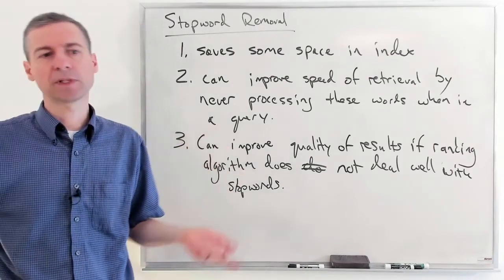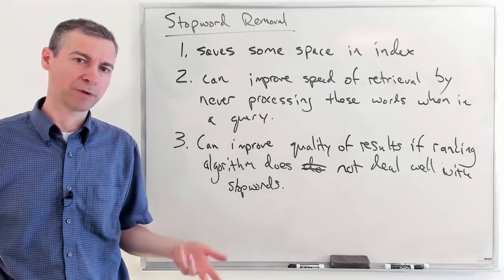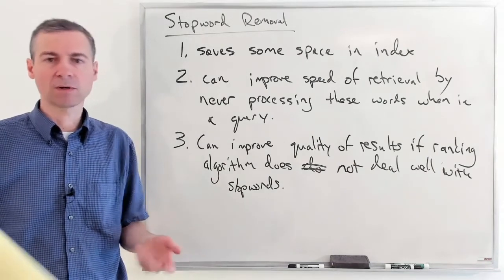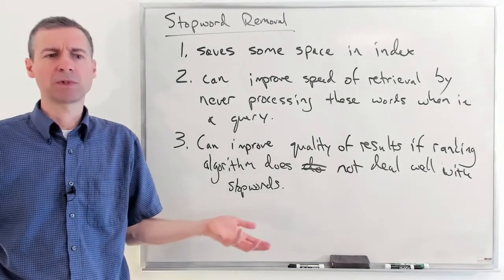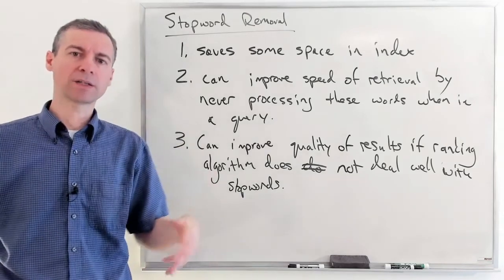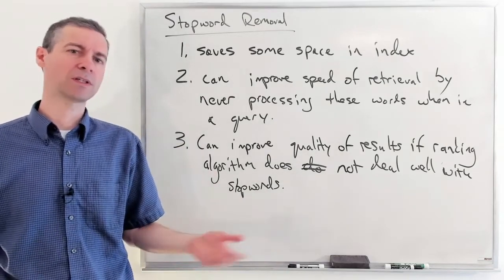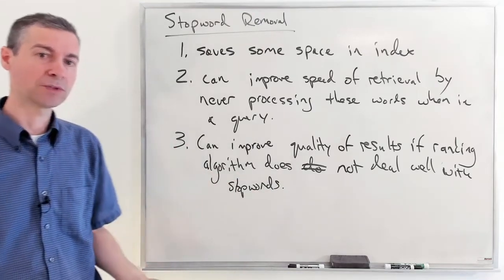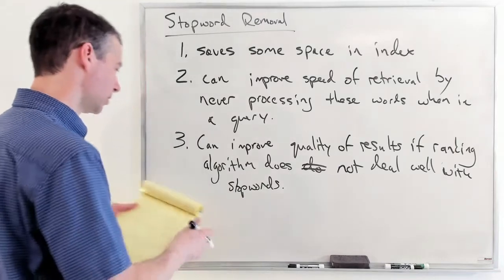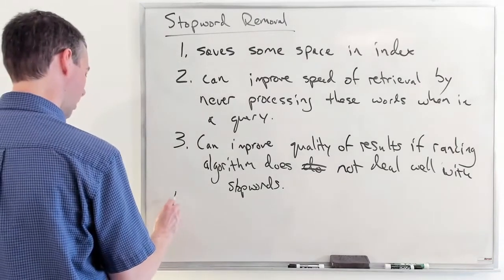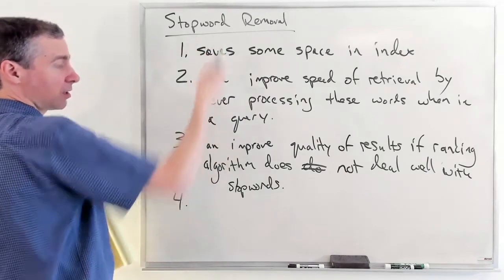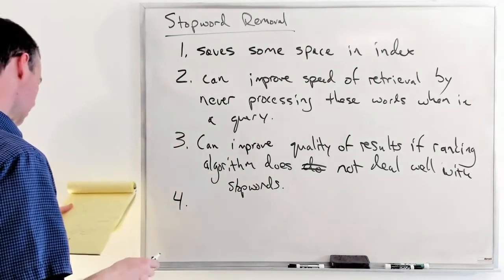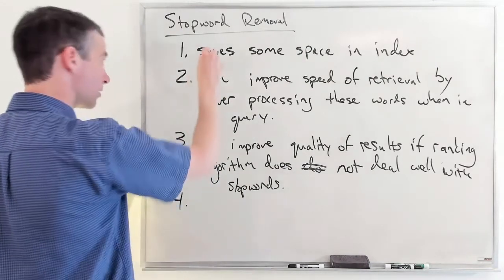Again, they're so common, but if it doesn't handle that properly, it might mess up our ranking. And so documents that we wouldn't normally consider might get pulled up high into the ranking, and the user goes, what are these doing here? These are non-relevant documents, and they're going to hurt the precision of the user's experience using the search, and it's going to slow down their ability to find relevant material. So it's quite possible that it can actually improve the quality because the ranking algorithm doesn't need to deal with this concern.